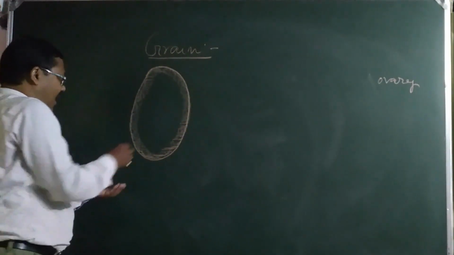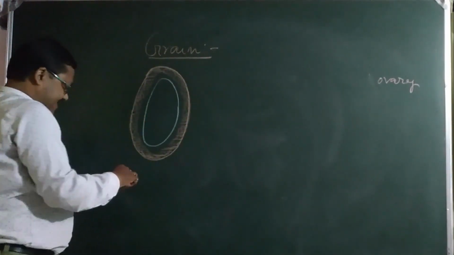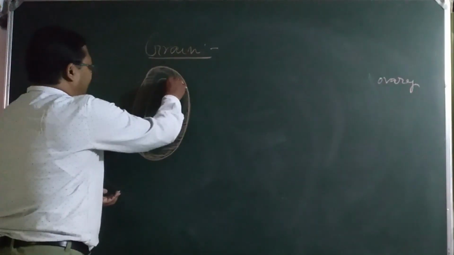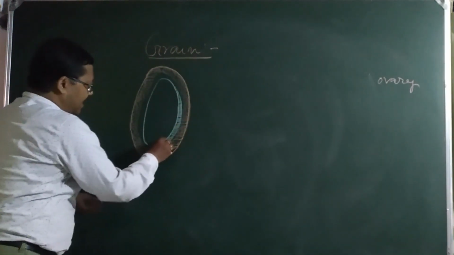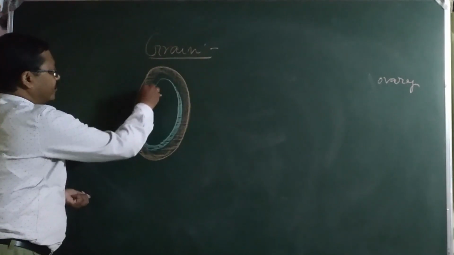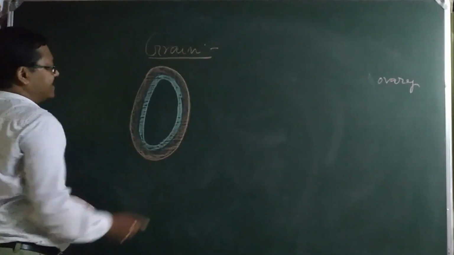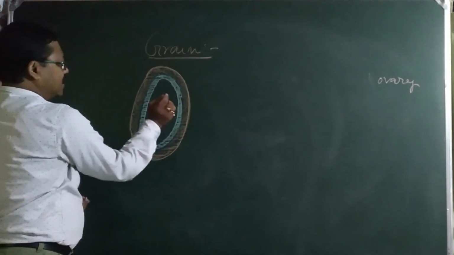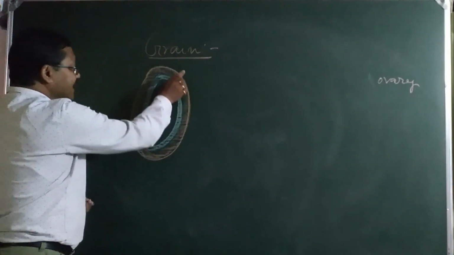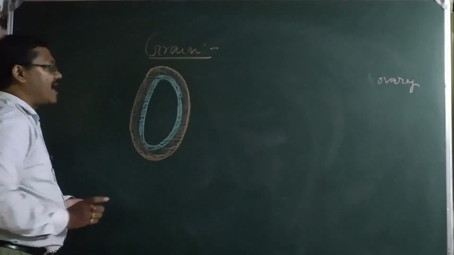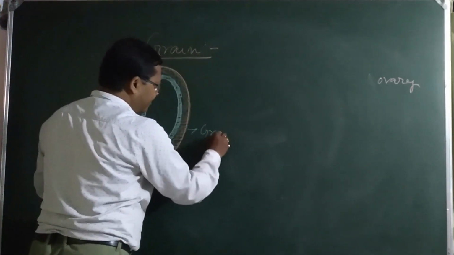Within the ovarian wall, the seed is present. The seed is also covered by a seed coat. This green color is the seed coat, and the other pinkish color is the fruit wall, and when the fruit wall and the seed coat are fused, the fertilized ovary is called grain.